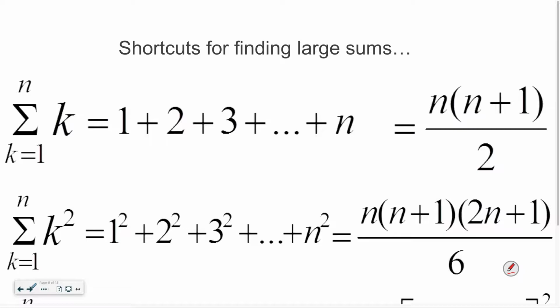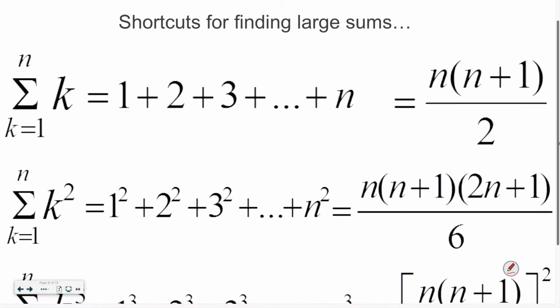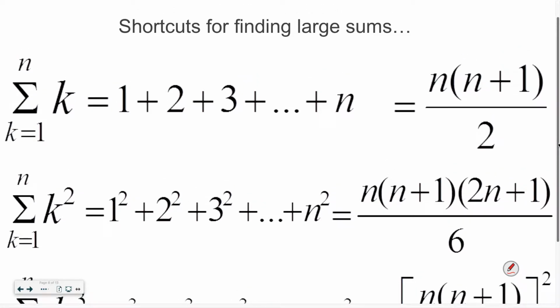But you proved things like this: 1 plus 2 plus 3 plus all the way to n equals n times n plus 1 over 2. You proved this last year. I know you did. Now, I'm not going to go through those proofs this year, but we have 3 shortcuts for summations involving k, k squared, and k cubed. Write them down, please, and then we'll check.